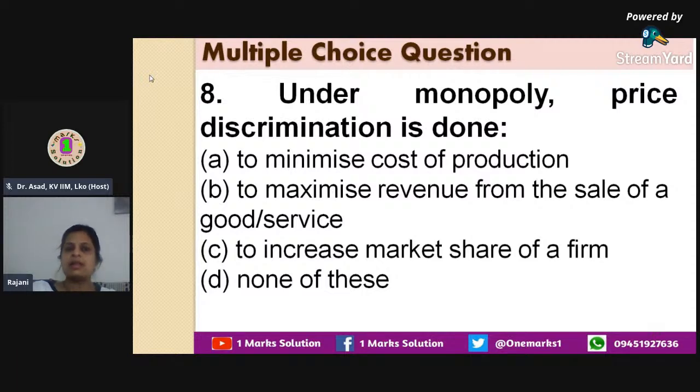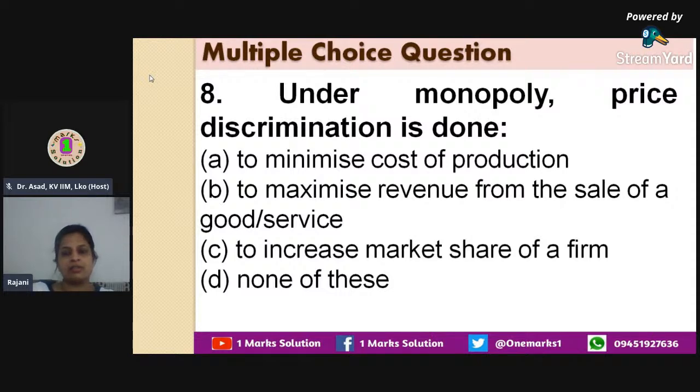The same service or same product is not a problem, but they are charging different prices.